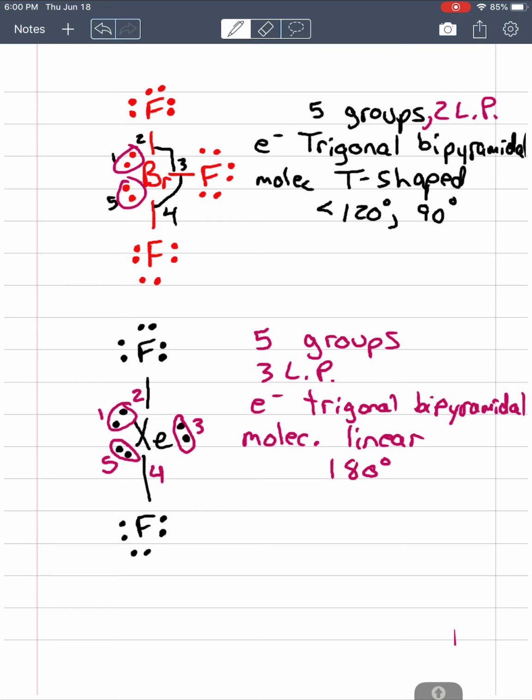I remember why they call it octahedral. But let me show you something with this trigonal bipyramidal. So you have something in the middle, you have something up here, something here, here, and here, and something that goes down.